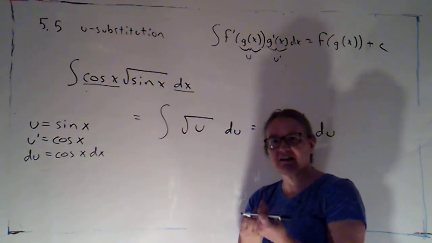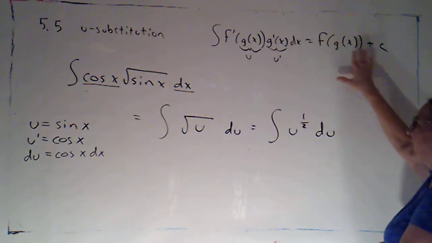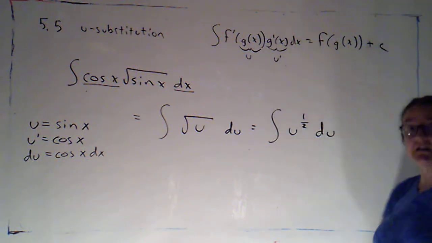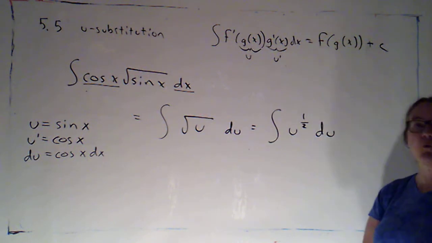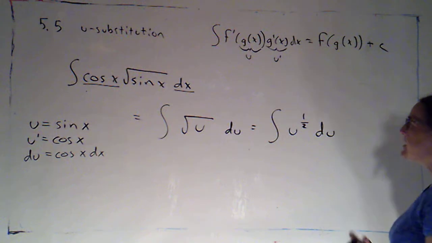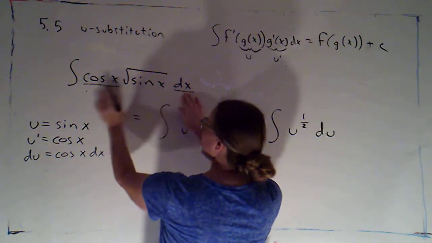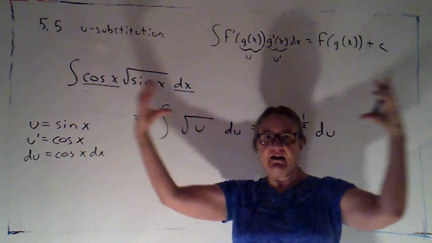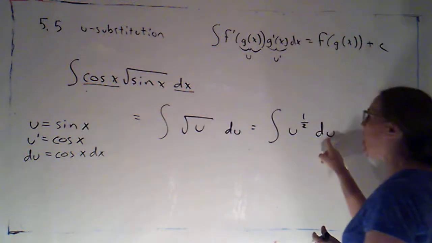That was the function we needed to find an antiderivative of so that we'd know what f was for our answer. So this really makes it very clear that the function that I need to find an antiderivative for is this square root function, or the 1/2 power. So I'm just rewriting things in terms of u. Notice here I'm saying that cosine x just sort of gets absorbed into the du. So this big integrand sort of collapses into something a little bit smaller because this factor is part of the du.